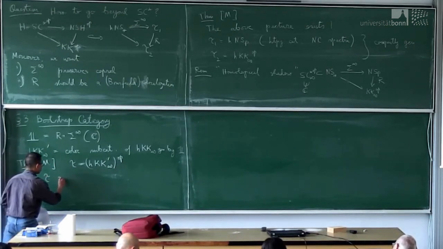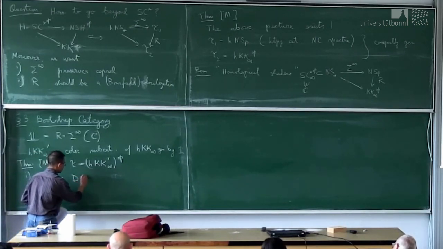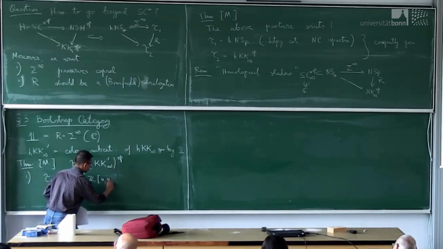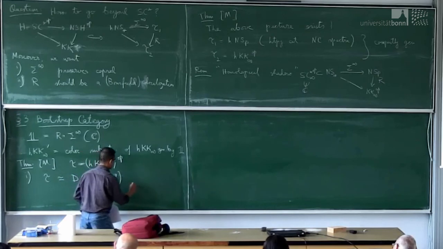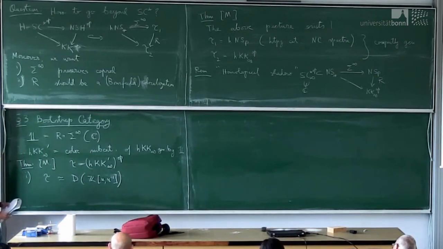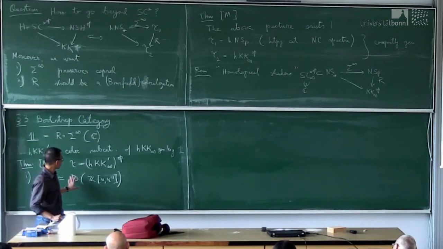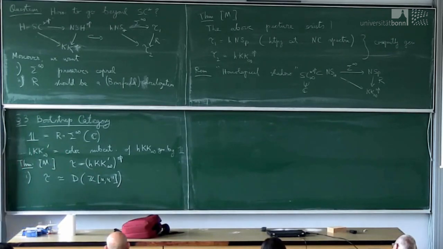So this tau admits an algebraic description. This is the derived category of this ring. And I hope you still remember the construction of the unbounded derived category of a ring like this, which I explained. It's unbounded chain complexes modulo quasi-isomorphisms.